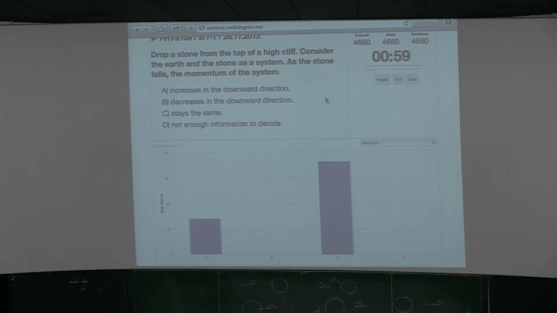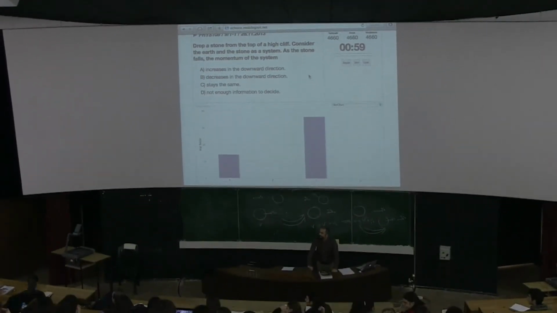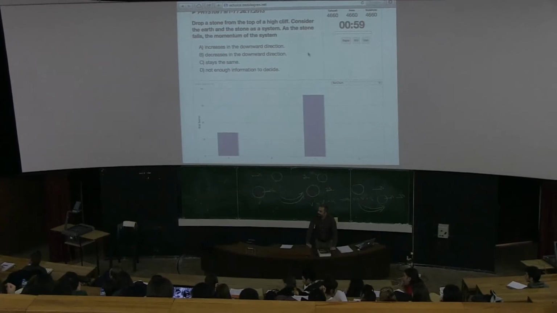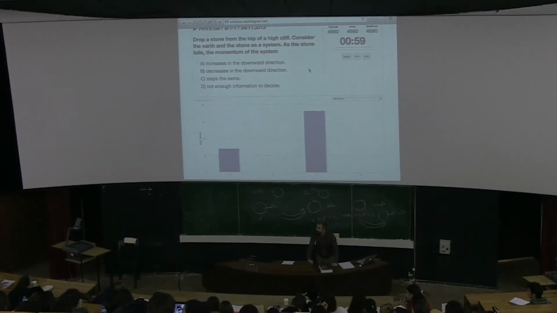Okay, so somebody who says that it was C, why do you think the answer is C? Momentum of the system doesn't change. So somebody who has given an answer A, why do you think it is A?